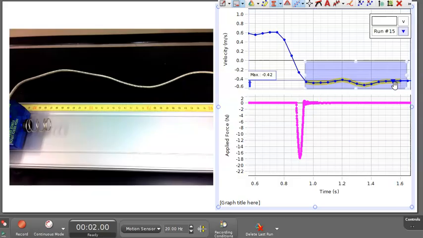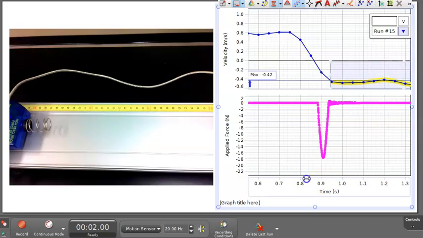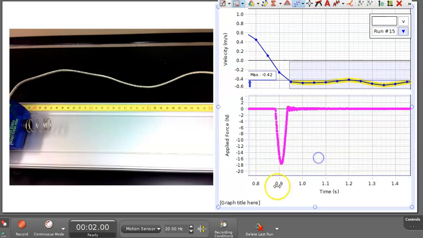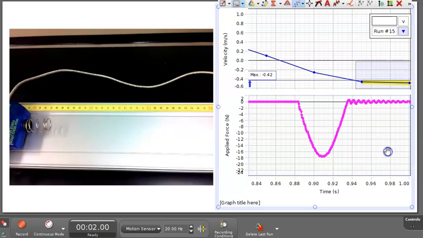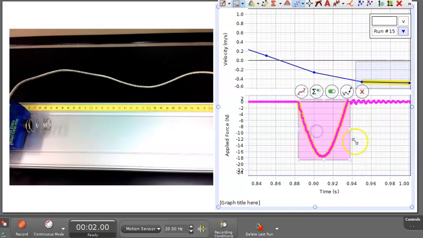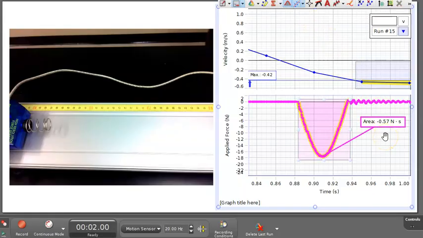Now comes the fun part. If it's true that the impulse is equal to the change in momentum, then the area underneath our applied force versus time graph should give us the change in momentum. Well, I happen to have a tool to calculate areas, so I'm going to highlight the time of the collision, like so, and then using my area tool, which is here, I click on that, and I get negative 0.57 newton seconds.